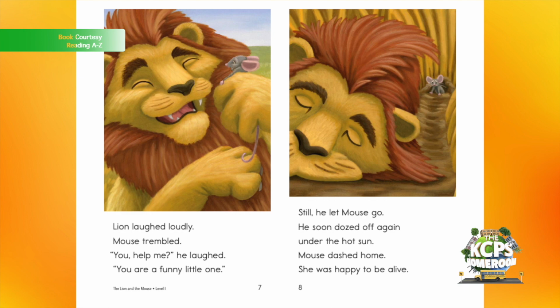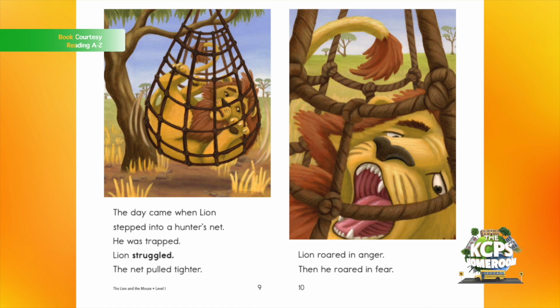She was happy to be alive. The day came when Lion stepped into a hunter's net. He was trapped. Lion struggled. The net pulled tighter. Lion roared in anger. Then he roared in fear.